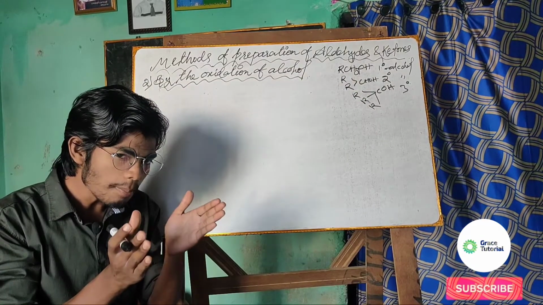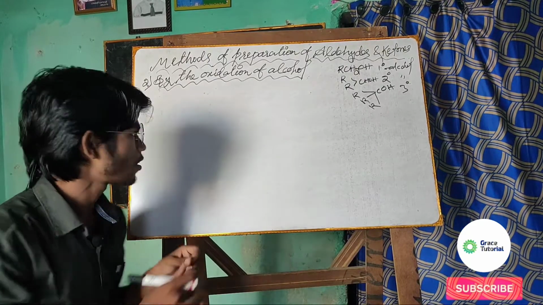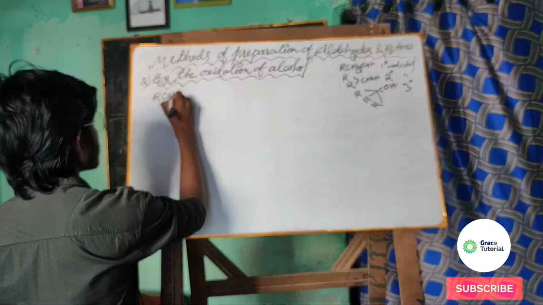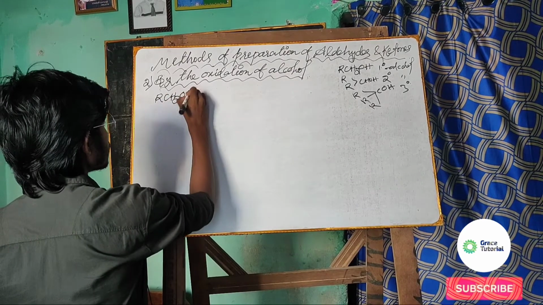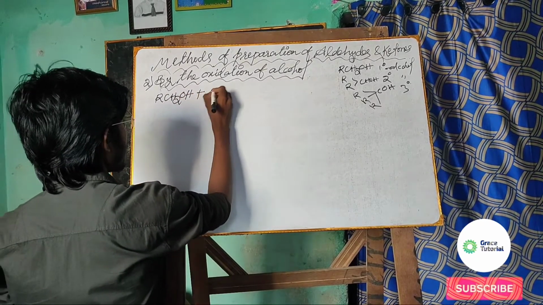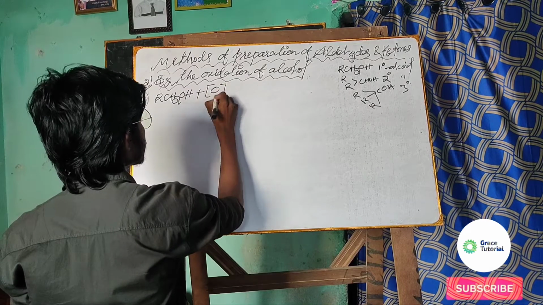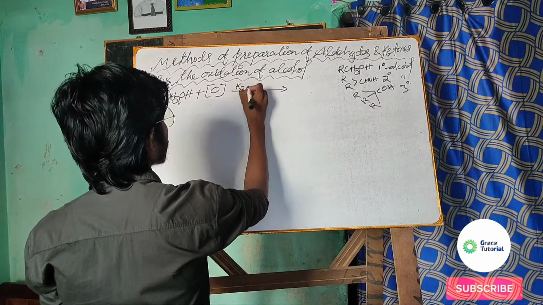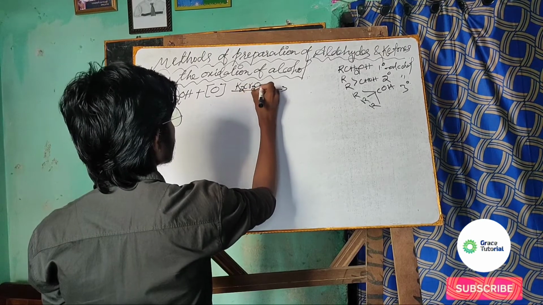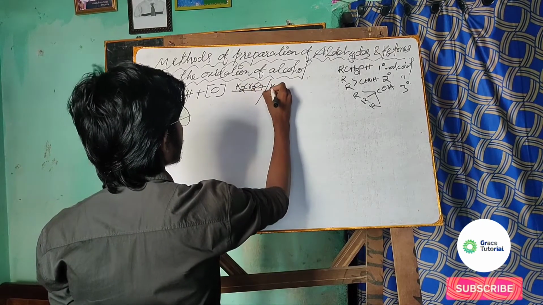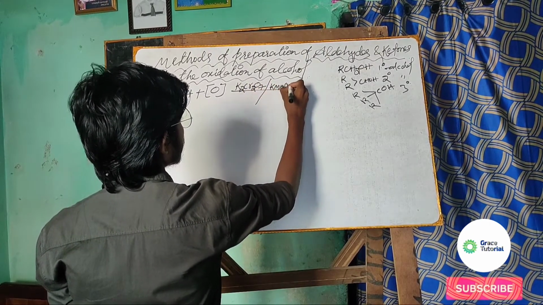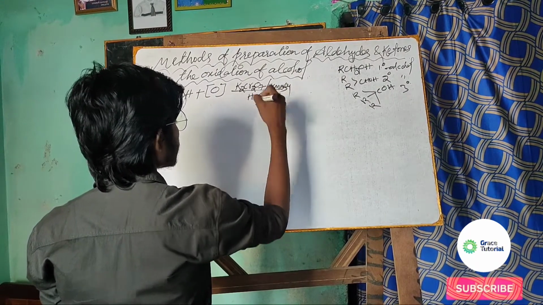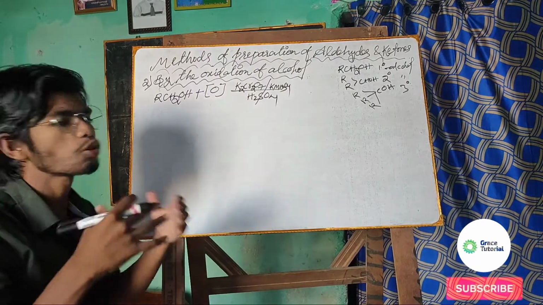When the primary alcohol, RCH2OH, gets oxidized in the presence of potassium dichromate, K2Cr2O7, or KMnO4, or we can also use sulfuric acid, these are the various agents which can be used for the formation of the aldehyde.